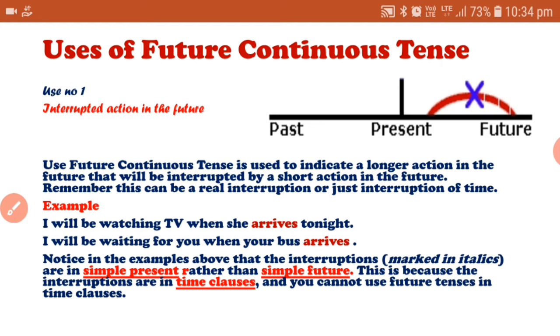I'm telling you, this arrives and the next arrives are in simple present rather than simple future. This is because these interruptions are in time clauses and you cannot use future tense in time clauses.